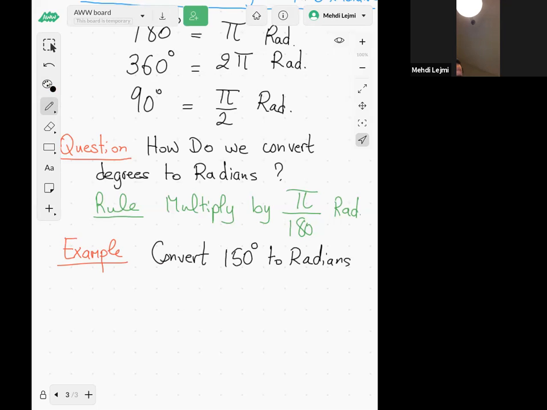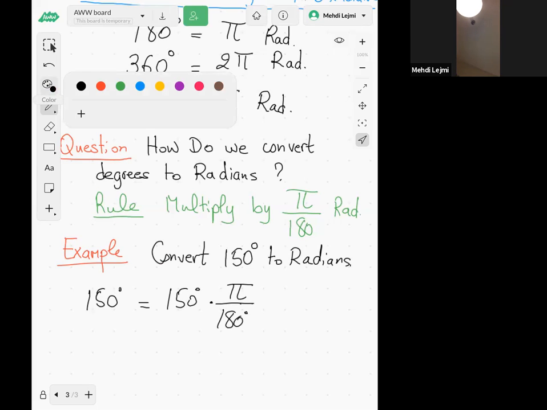You take 150 degrees and multiply it by pi over 180 degrees.